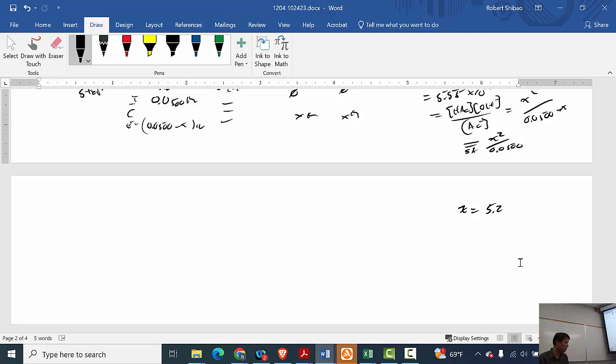That's going to be the hydroxide concentration here, 5.26 times 10 to the minus 6 molar.